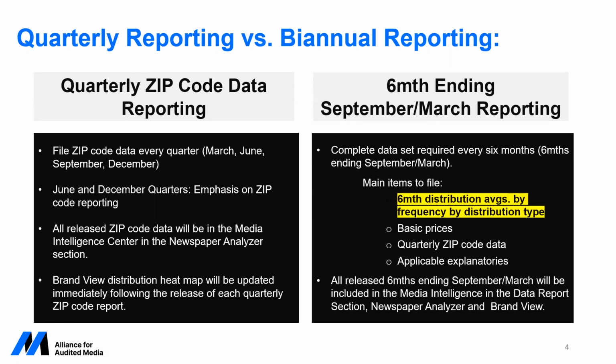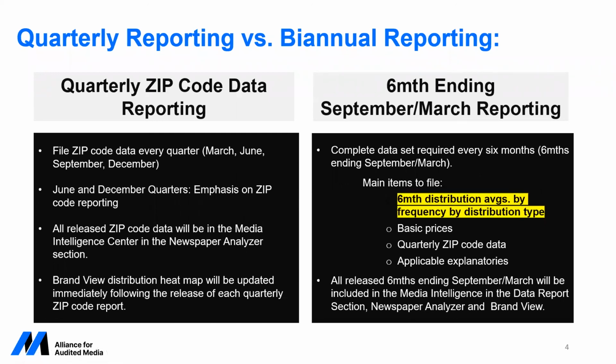You'll file a zip code for the March quarter, the June quarter, September quarter, and December quarter. So what's different though is the 6-month average claims. Every 6 months, in addition to your zip code, you will also report your circulation claims. So for March, we're doing 6-month ending March.